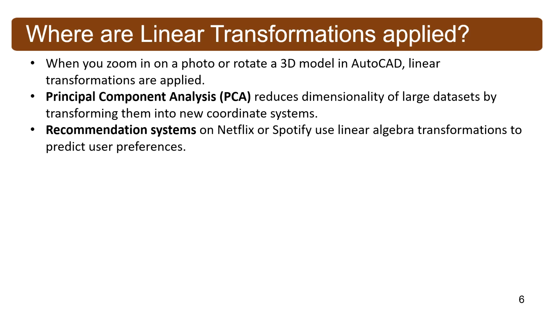Netflix and Spotify use linear algebra to handle huge data sets. They store user ratings or listening habits in matrices. Then linear transformations help find patterns in those matrices. And the system predicts what you'll like next based on similarities. You see, math isn't just numbers, it powers the playlist and movie suggestions you see every day.